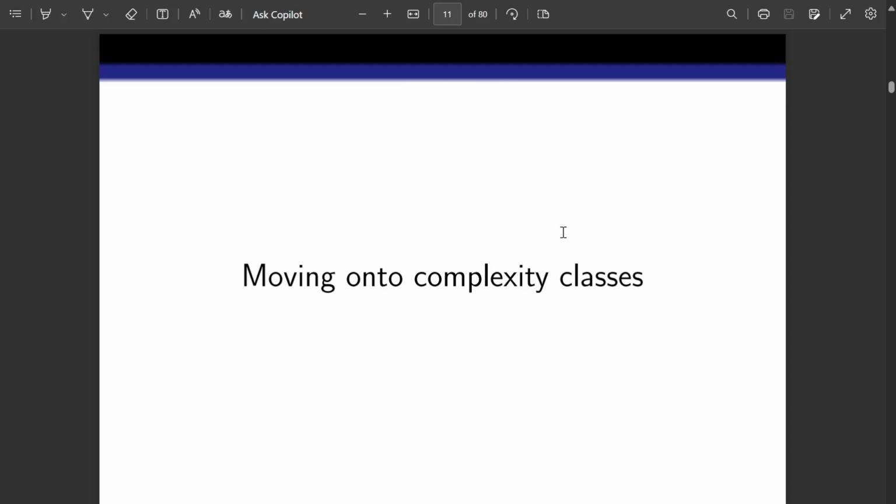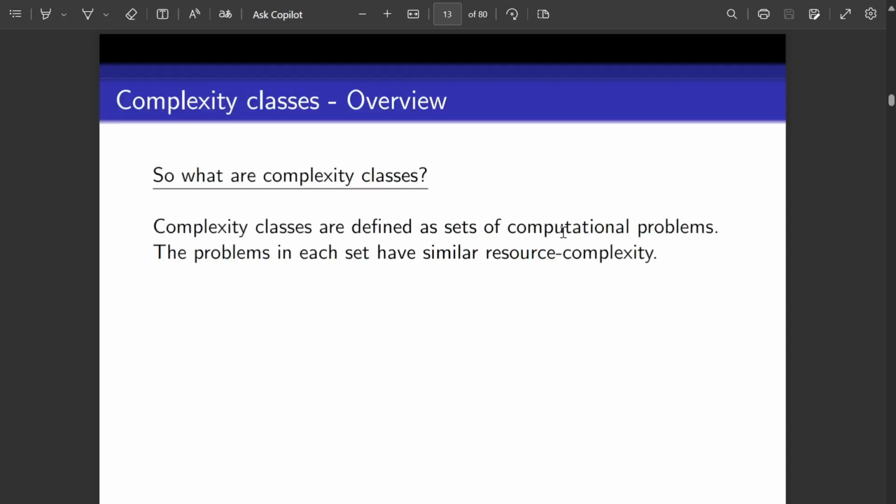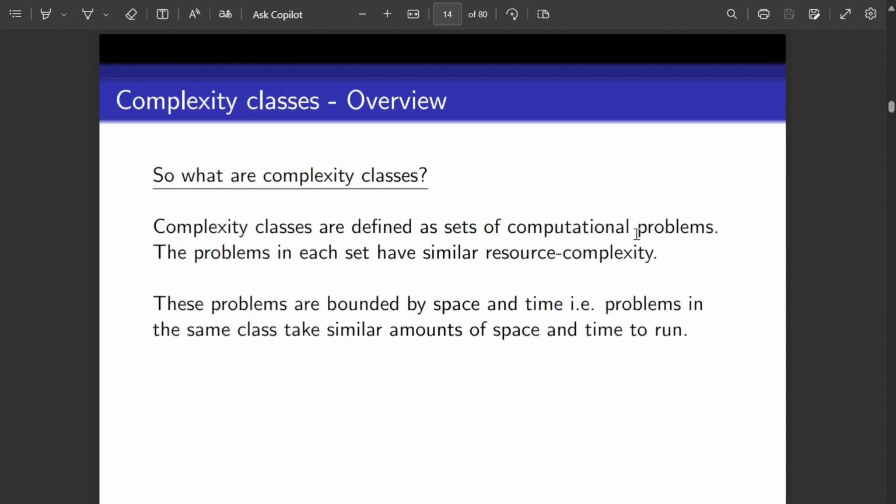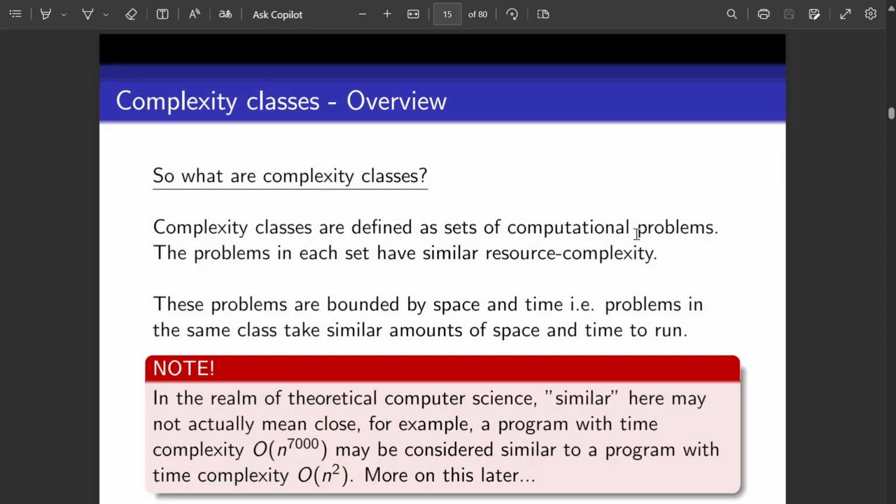So complexity classes. What is a complexity class? A complexity class is defined as a set of computational problems where the problems in the same set have similar resource complexity. What I mean by resource complexity is that the problems in the same set are bounded by space and time, so they take a similar amount of space and time to run.